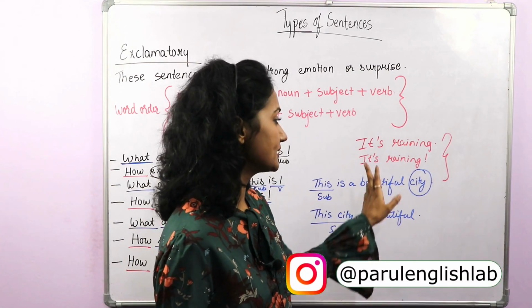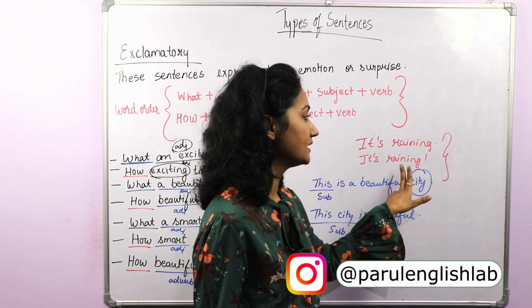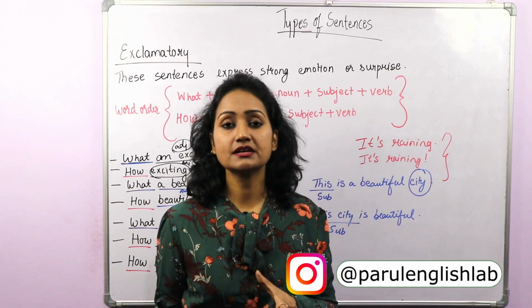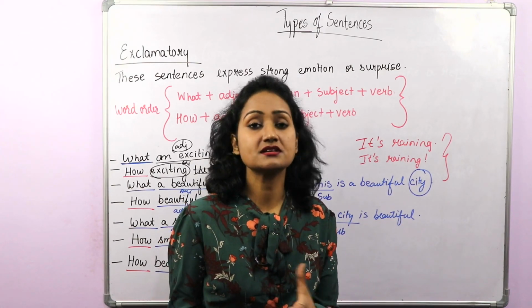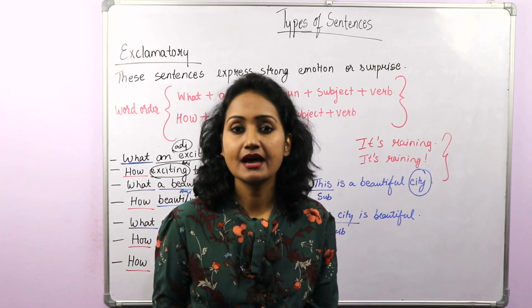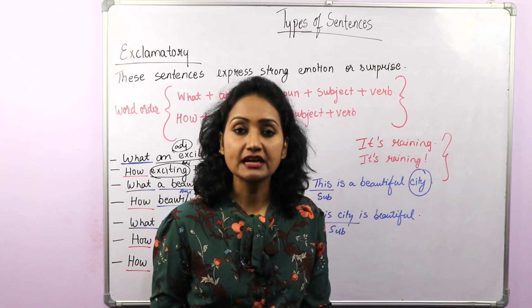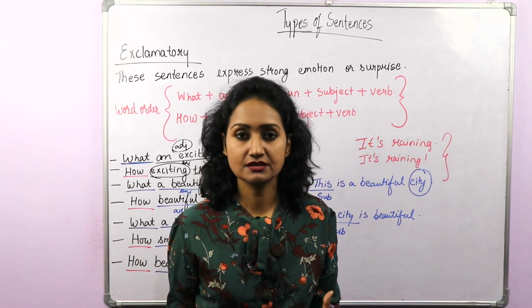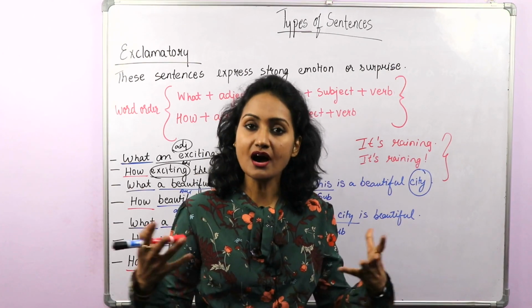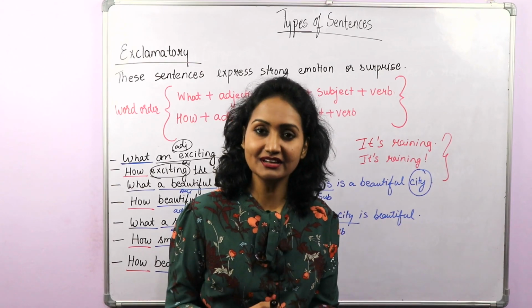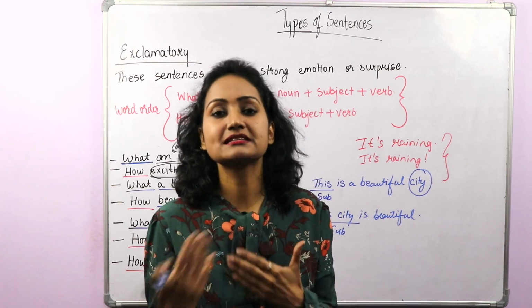Okay, now look at the second one, it's raining! Okay, now imagine that you live in a place where it doesn't rain at all, and one morning you get up and you see that it's raining and you're surprised. Okay, and you would say, wow, it's raining! Okay, so you exclaim.